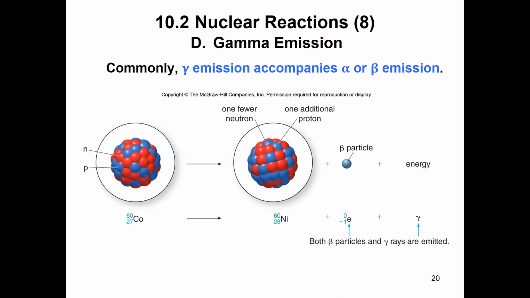Radiation generated by cobalt-60 decay is focused on a specific site in the body that contains cancerous cells. And by directing the radiation on the tumor, damage to the surrounding healthy tissue is minimized. See how it is balanced again: because the beta particle has no mass number, the mass numbers are the same. And the atomic numbers add up to 27 on both sides.